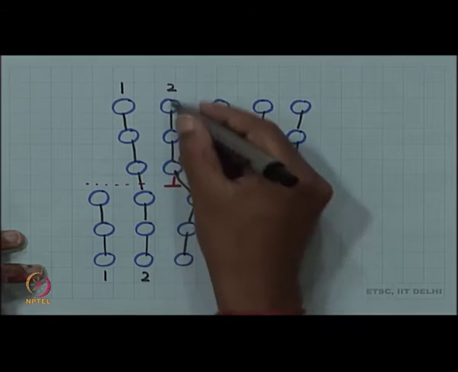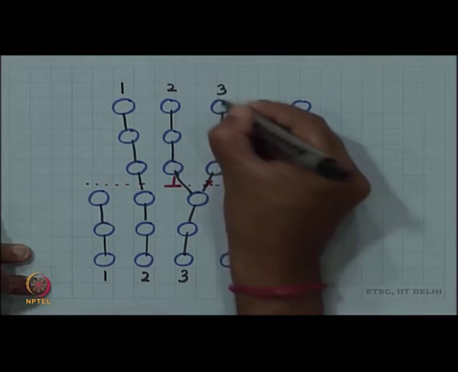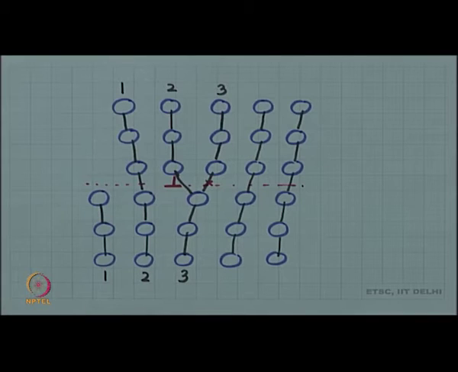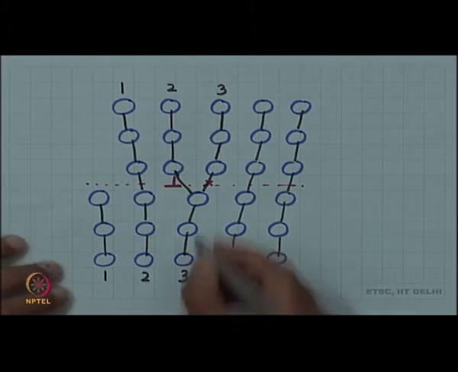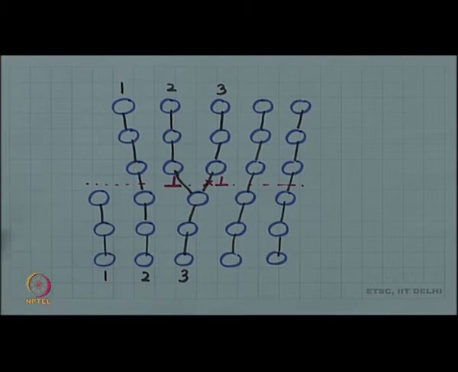So, I have now the second plane joining with the third plane from the bottom, whereas the third upper plane is hanging. So, the dislocation line moves one step.